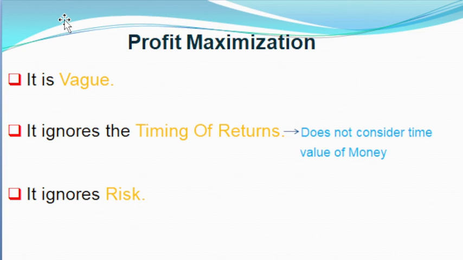It's my assumption that project A will give me a high return, but in the near future it may not happen. It's my mistake, my misassumption, that I invested in project A. So profit maximization ignores risk, but the more risk we take, the more return we are going to get.